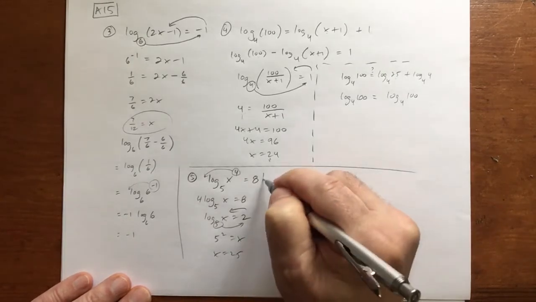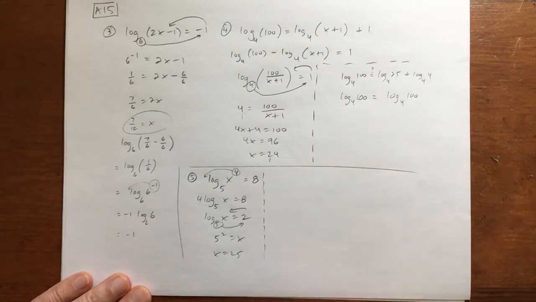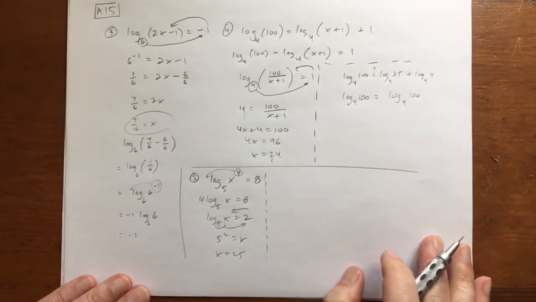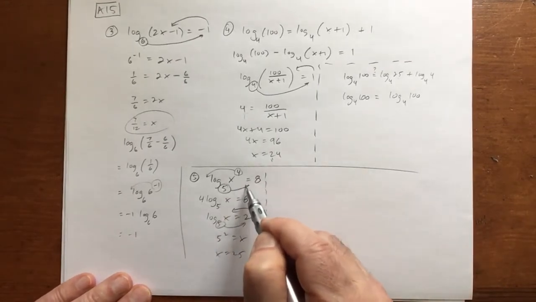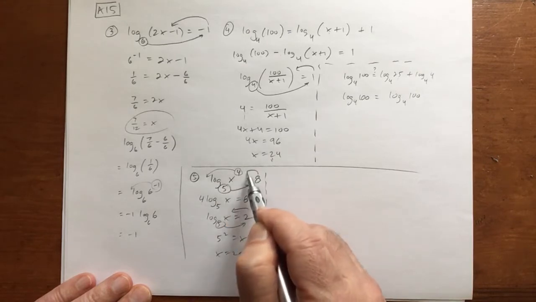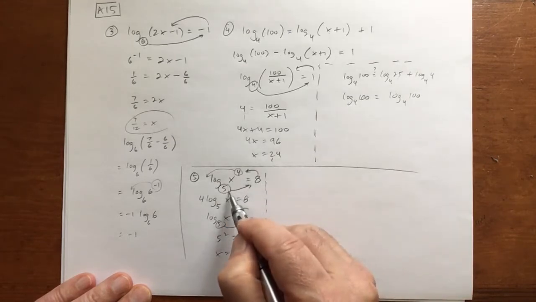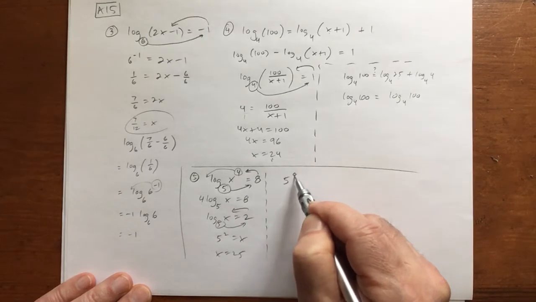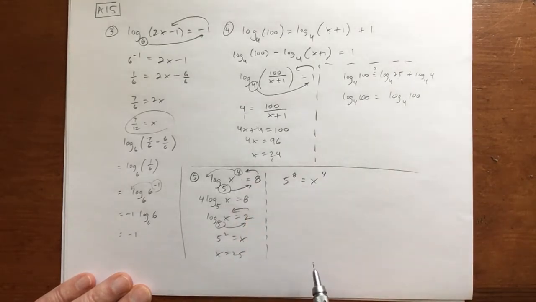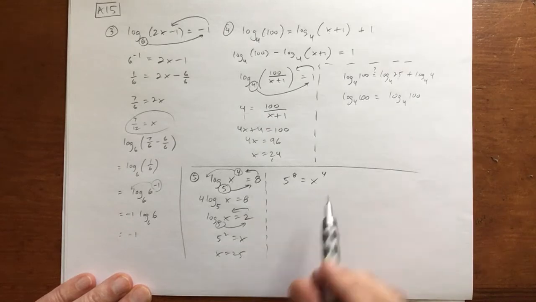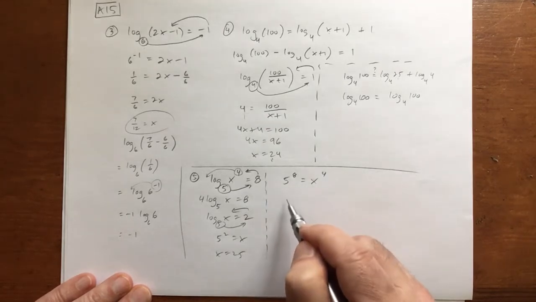Perhaps a more difficult way, and on your homework, I'll probably go back and forth between these two methods. Maybe sometimes I'll show both. We'll just see. Okay, so let's see a different one. The first instinct was to immediately change to exponential form, and I get 5 to the 8th equals x to the 4th. And then I have to solve for x, so I have to take the 4th root of both sides.